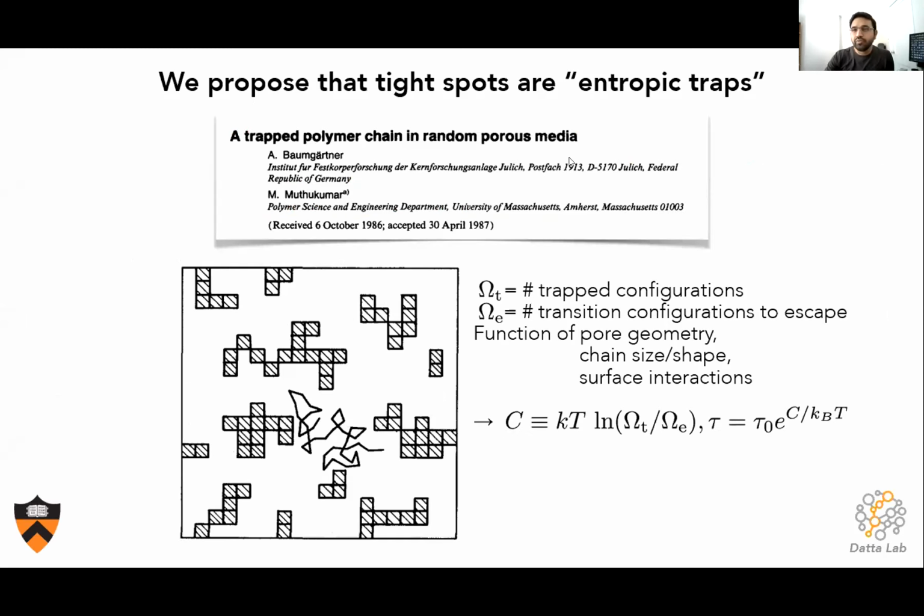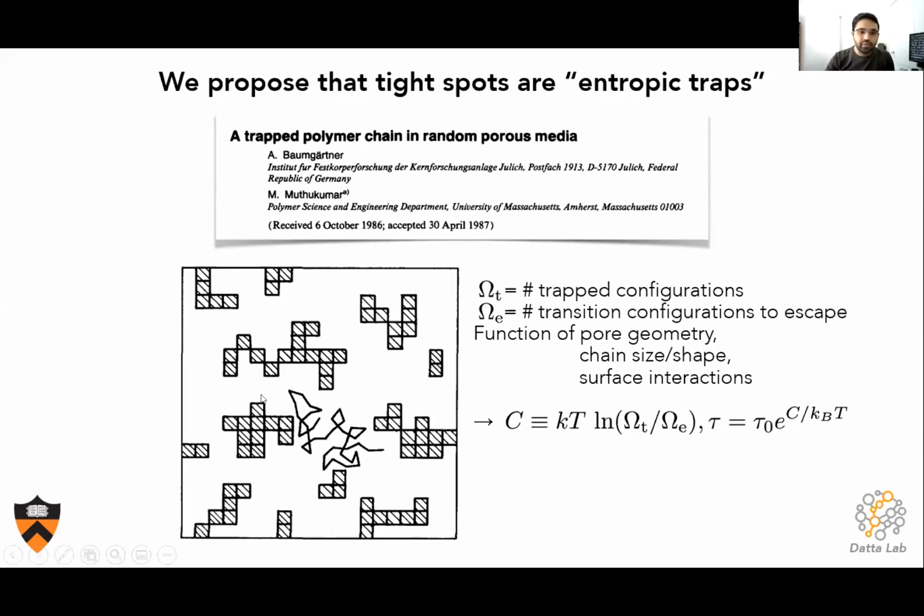There was one question: can you explain the entropic trap? We were inspired by this paper by Muthukumar, where he studies a trapped polymer chain in random porous media. This polymer chain is governed by thermal fluctuation. There are many orientations this polymer chain can take.